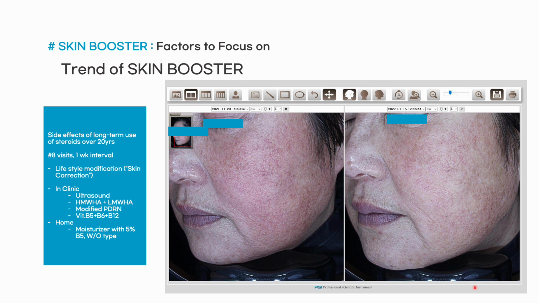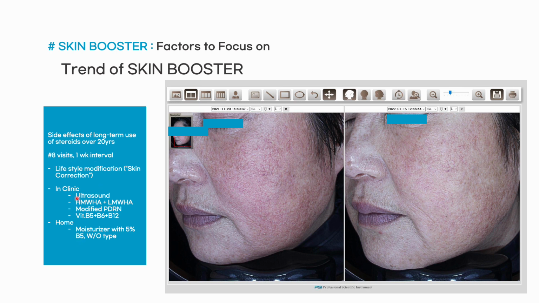She couldn't come more after 8 visits because of the long distance. I have tracked her symptoms by phone or message once a month. She said she is satisfied with just being able to live without steroid. 8 visits, 1 week interval.